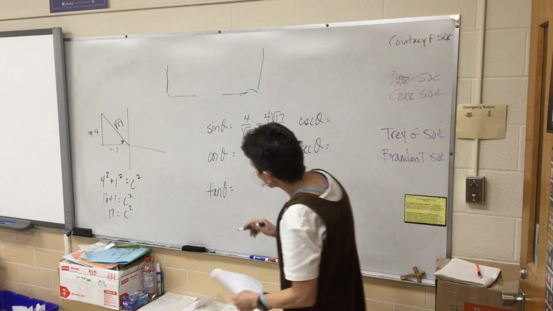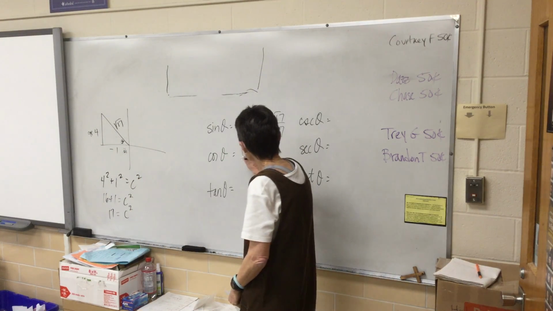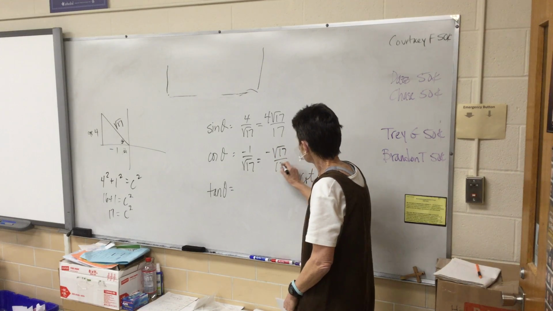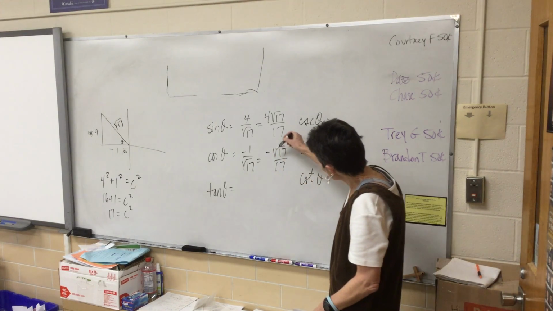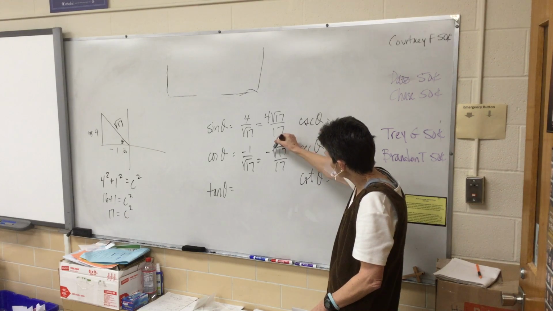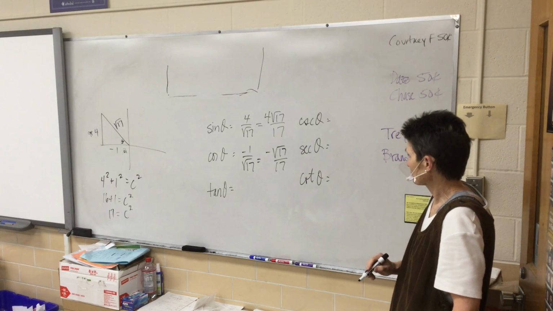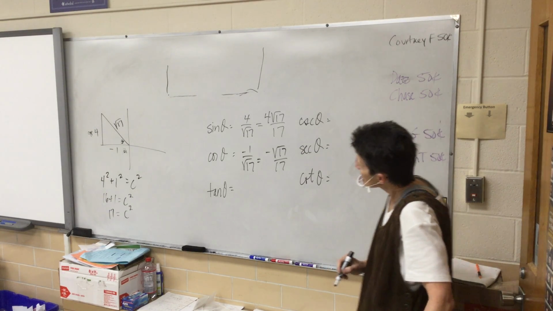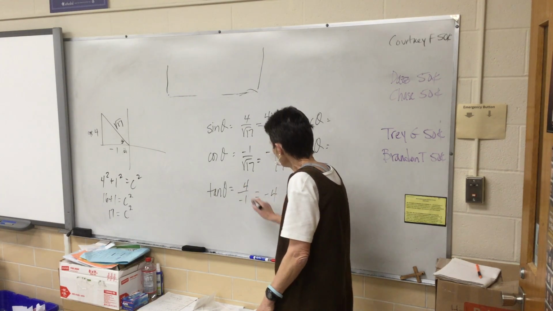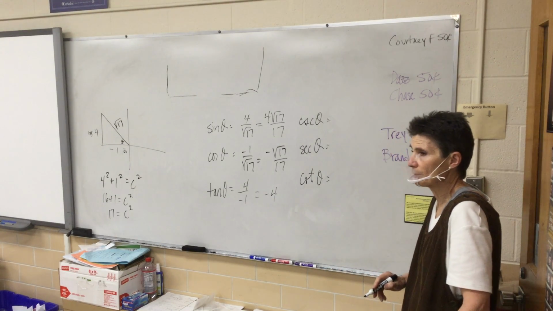The cosine will be adjacent, so negative 1 over root 17. And if you leave a 1 there, that's fine. Negative 1 root 17 or just negative root 17. Doesn't matter. And tangent, you can leave it as 4 over negative 1, or you can write it just as a plain negative 4.